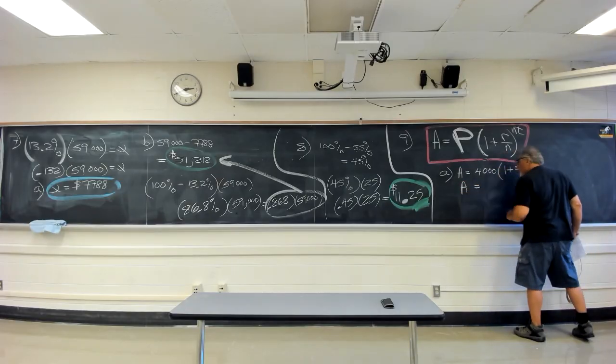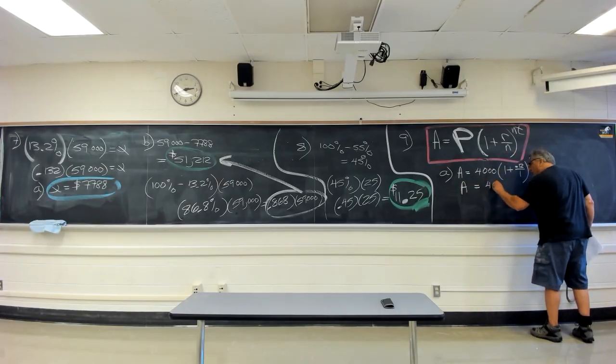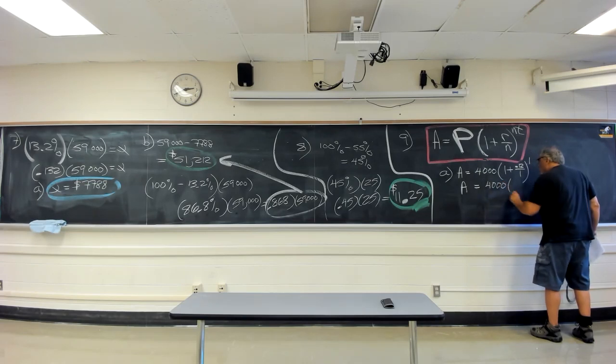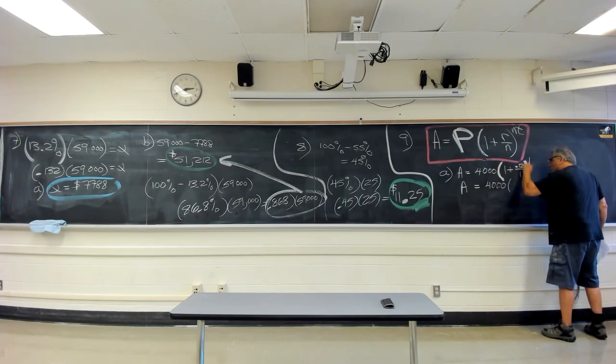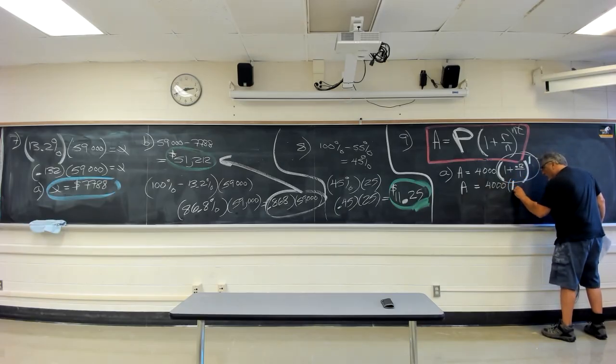That one's pretty easy. You got 4,000. You take this whole thing. Do not bring the 4,000 in here. Do this first. Well, in this case, it's pretty easy. To the 1 power is just what it is. 1 plus 0.12 is this.